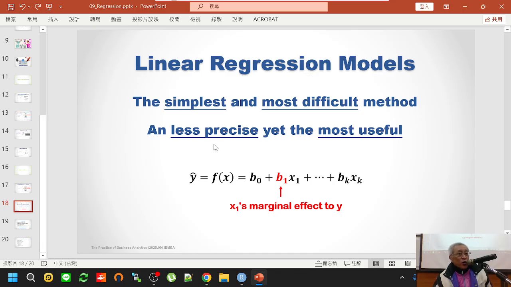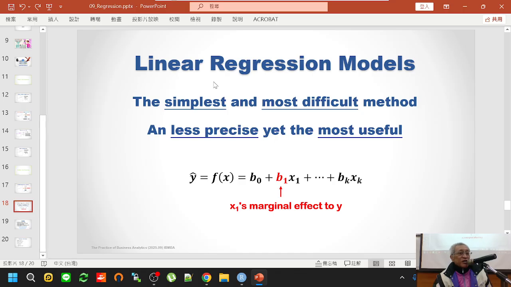So although it's less precise, it is the only model that can estimate the marginal effect, which is very important in business, economics and some societal applications. So it's still very useful in a large number of disciplines.